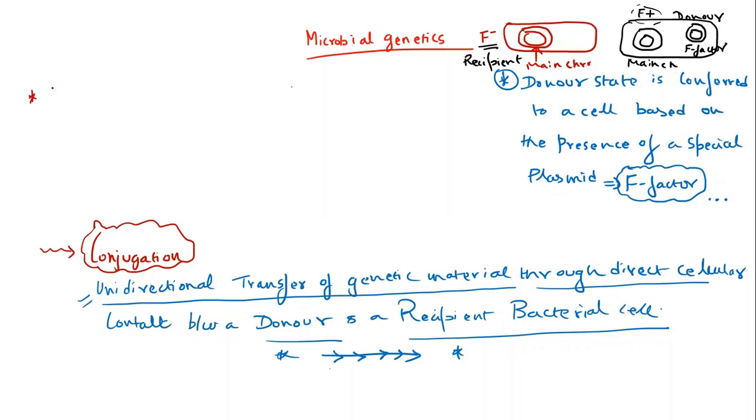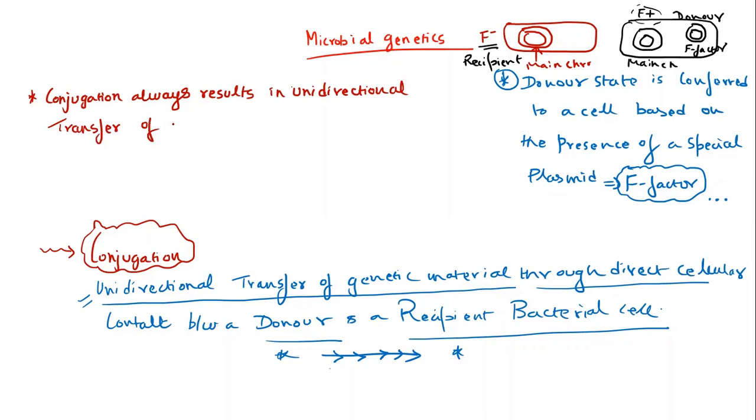The conjugation always results in unidirectional transfer of a copy of the F factor from the F plus to the F minus cell.